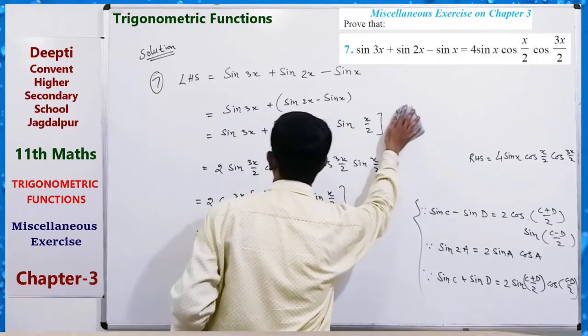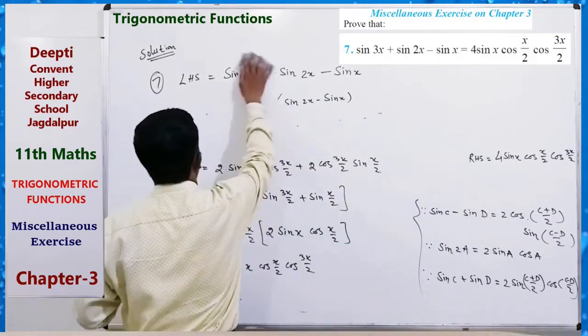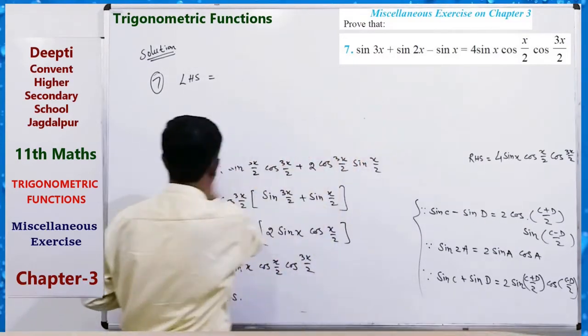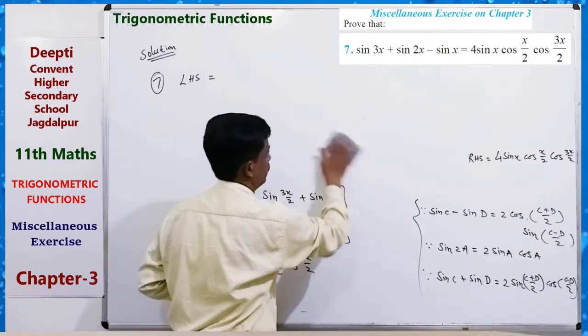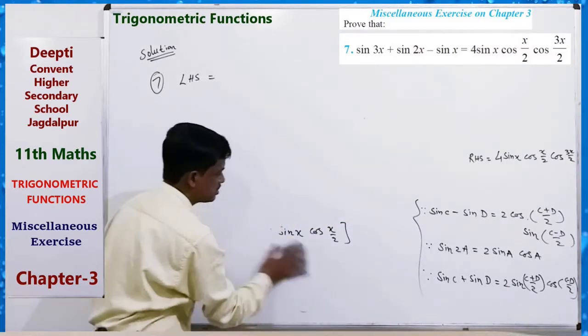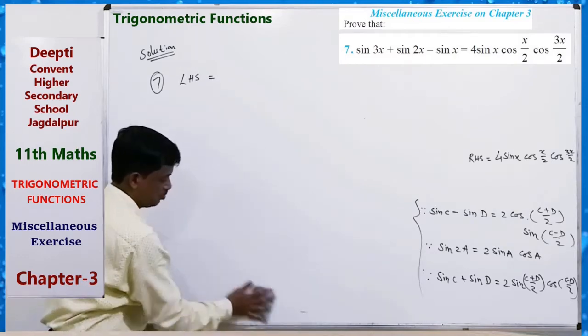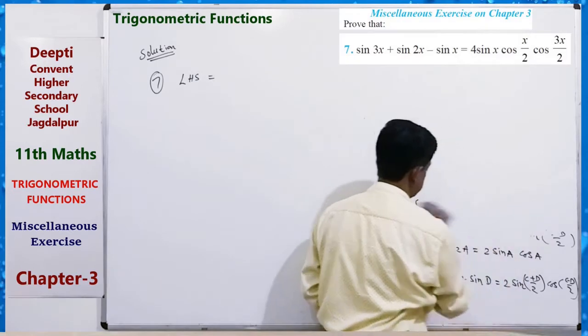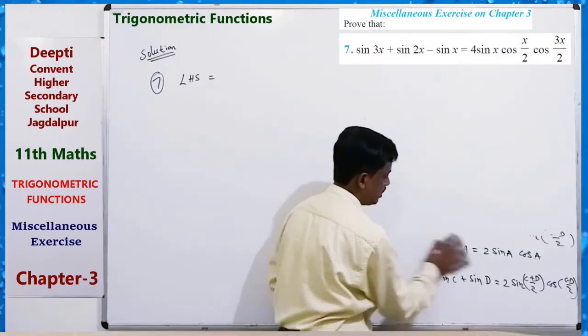So one of the questions I will solve, and the remaining two questions you have to solve from your side. Okay, so simple process. We are trying to get trigonometric functions of x by 2.